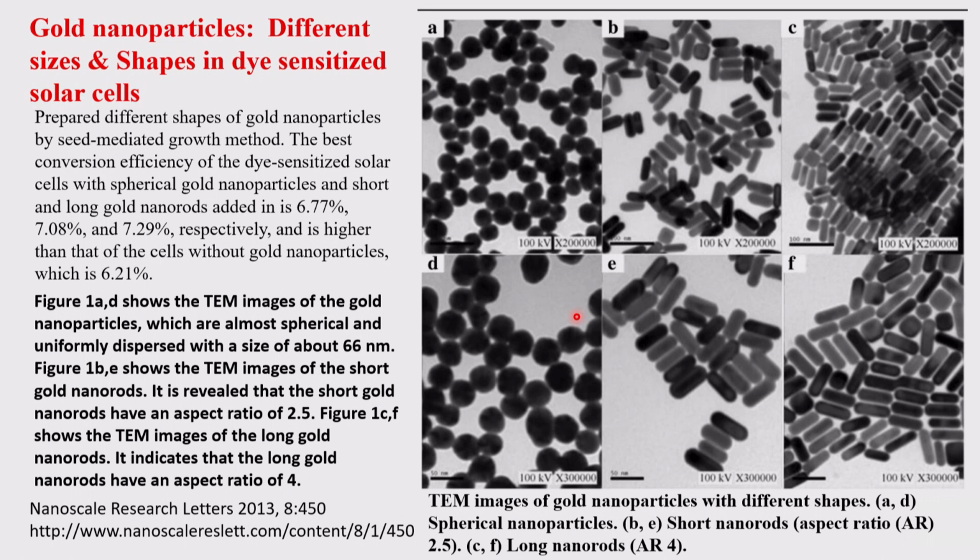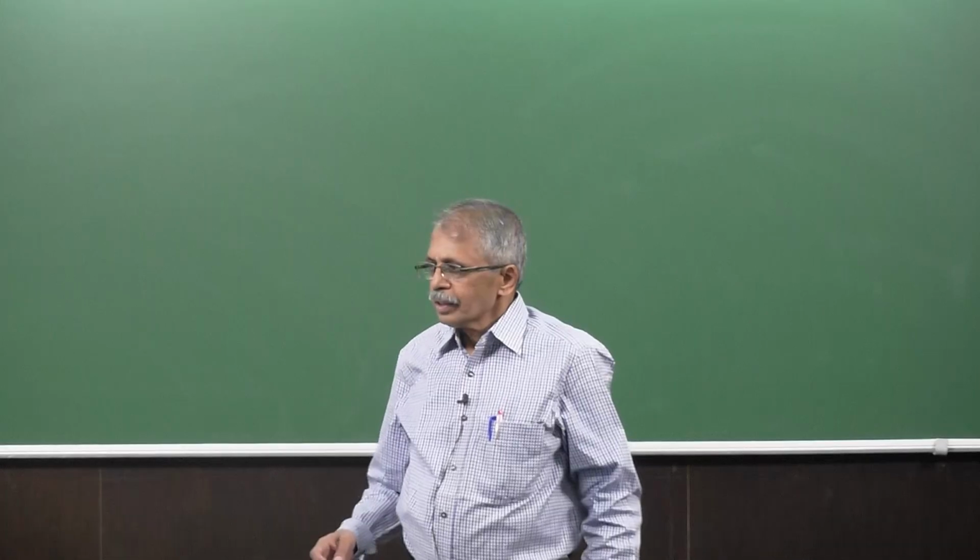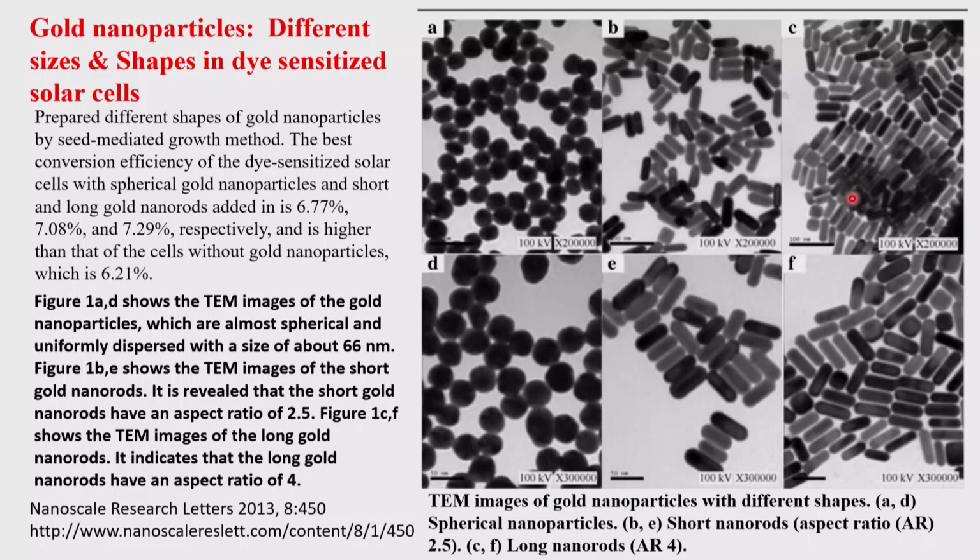Okay, so draw your attention to this particular slide and see that there are, even if you don't know what it is, you can see things like spheres, like rods, and rods with different dimensions, like the longitudinal versus the transverse dimensions. So this much one can always see that.